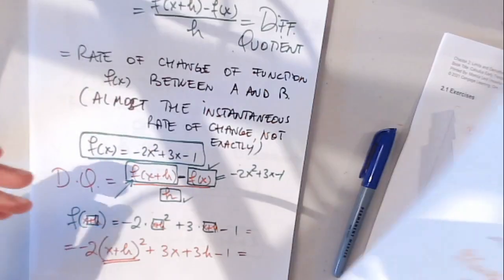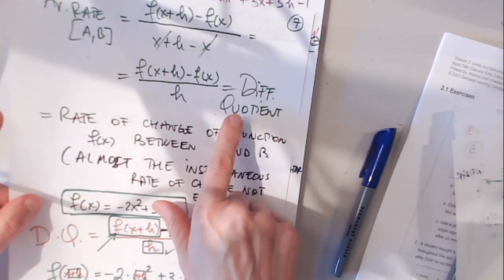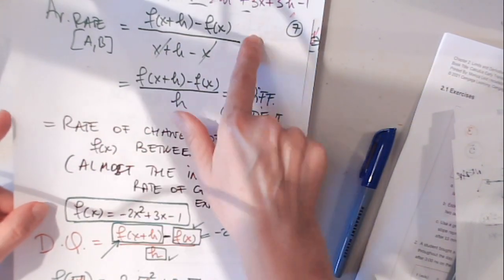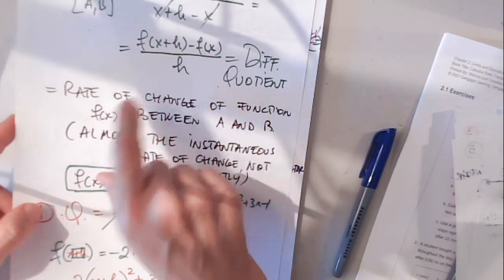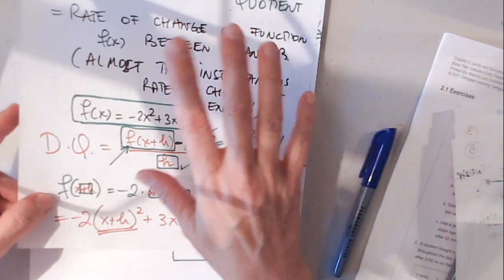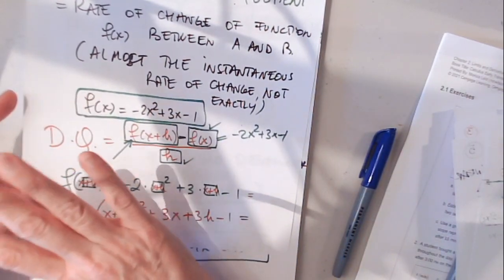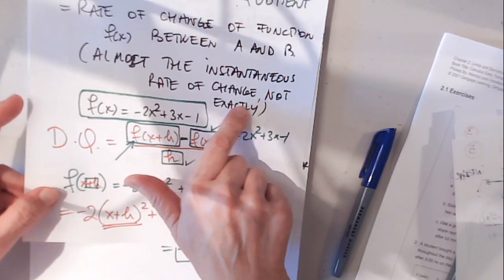And we determine the average rate of change, which moving forward is the difference quotient, and it has to be memorized: f of x plus h minus f of x over h. And this is the rate of change of the function f of x between a and b, and it's almost, not exactly, it's almost the instantaneous rate of change.